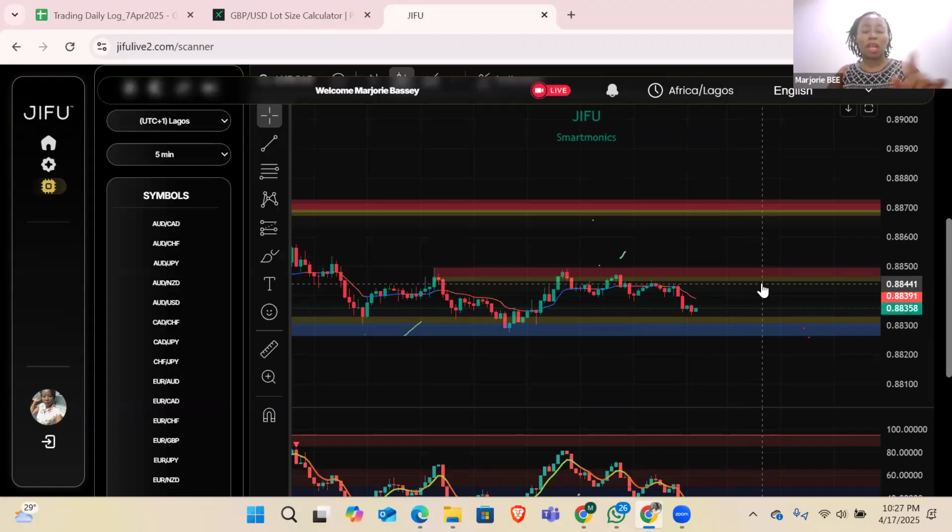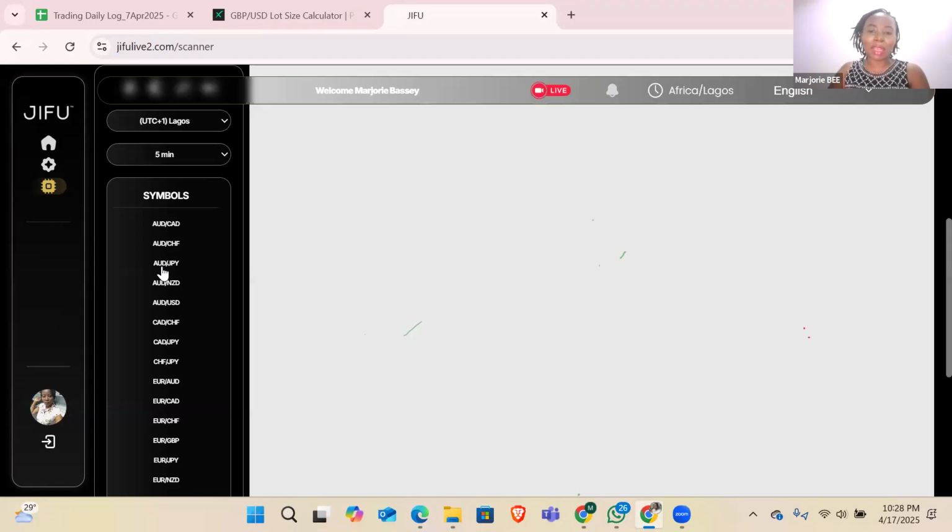Sometimes there's an entry here, and then the market is suspended between two zones, probably even touching the first TP, and you're wondering, should I still enter this trade or not? Please don't enter the trade.